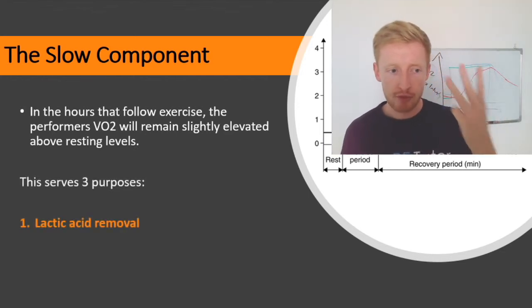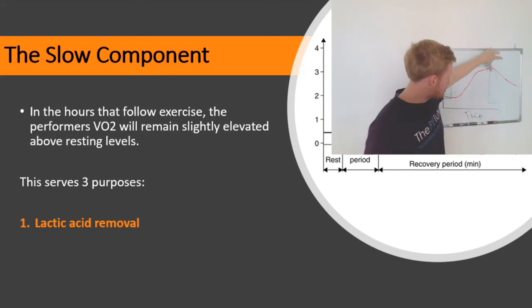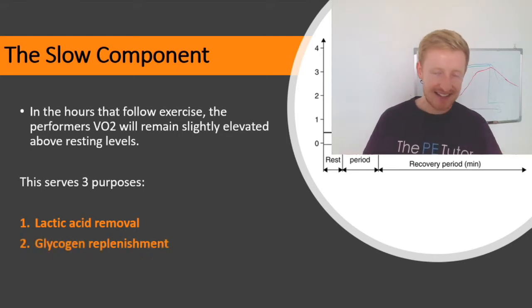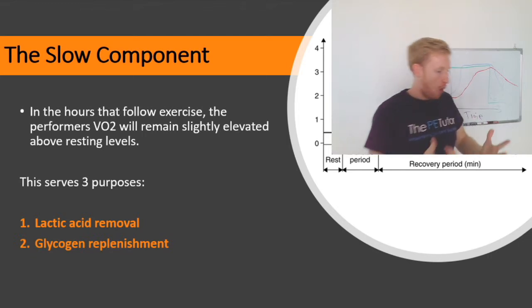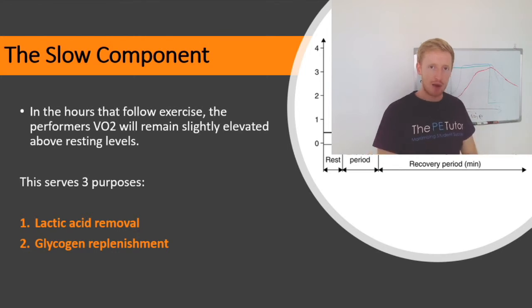Again, 3 purposes. Lactic acid removal. Now that we've dealt with putting oxygen back into the muscle and resynthesizing ATP and phosphocreatine, now we can turn our attention to longer processes. Lactic acid removal, we start to reoxidize it. We start to introduce oxygen back into our muscle.